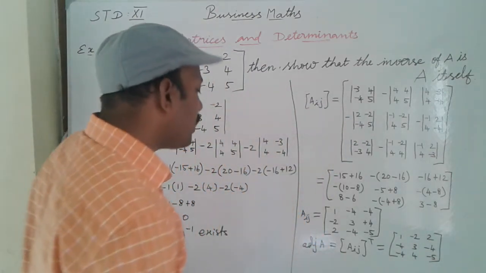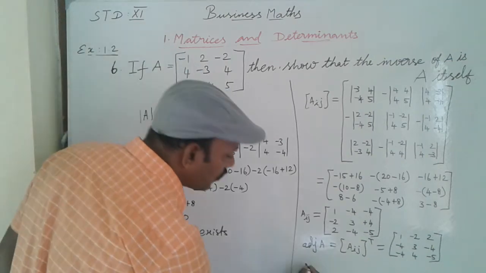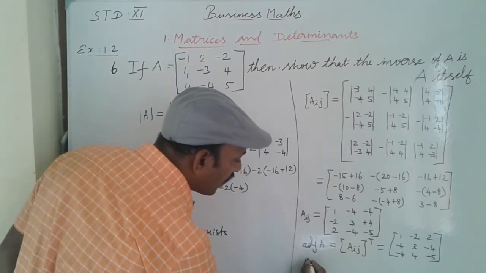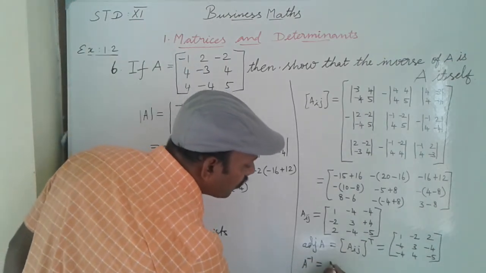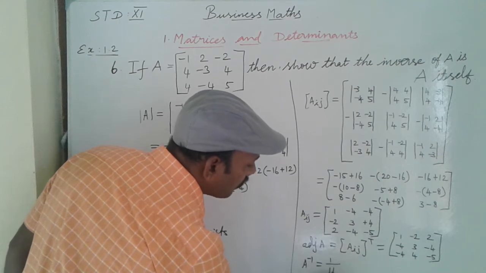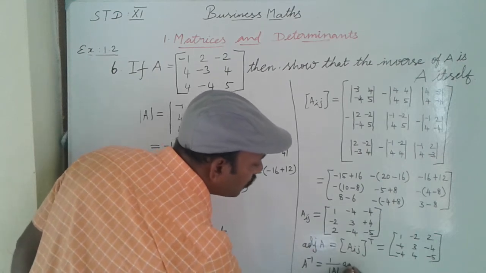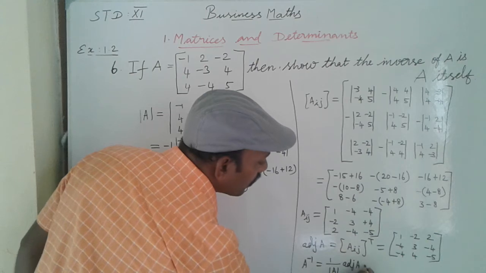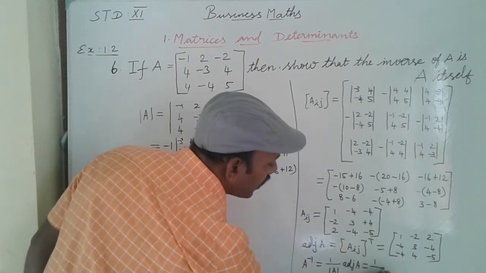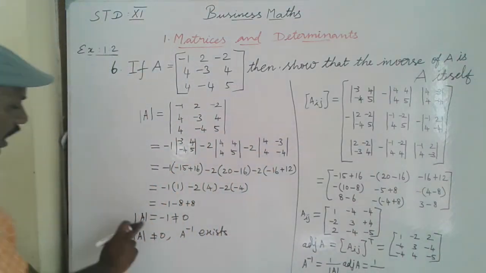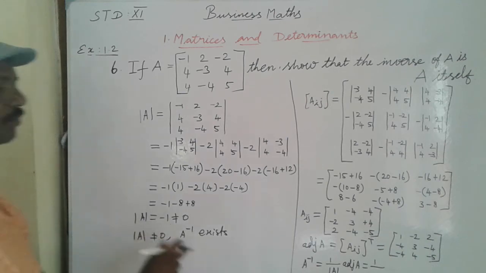We know the formula to find A inverse. A inverse is equal to 1 divided by the determinant of A, into the adjoint of A. The determinant of A, we know, is minus 1.